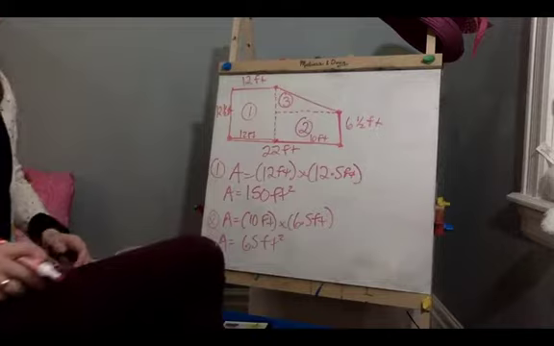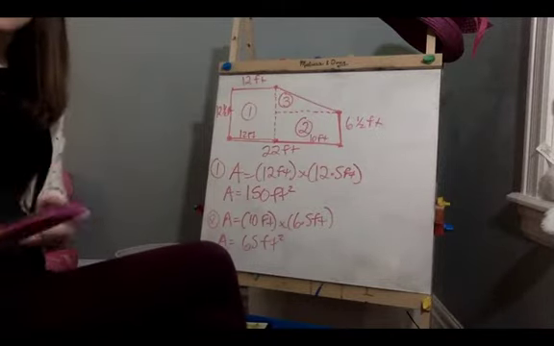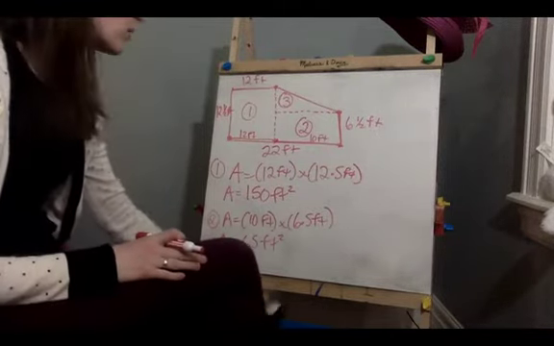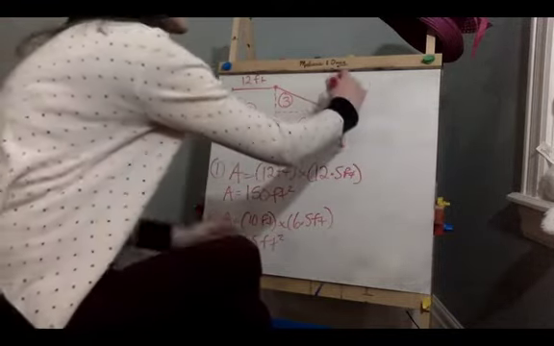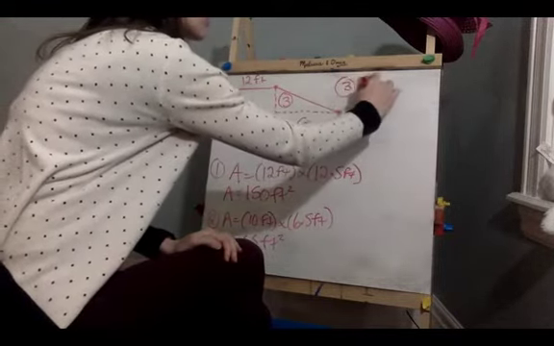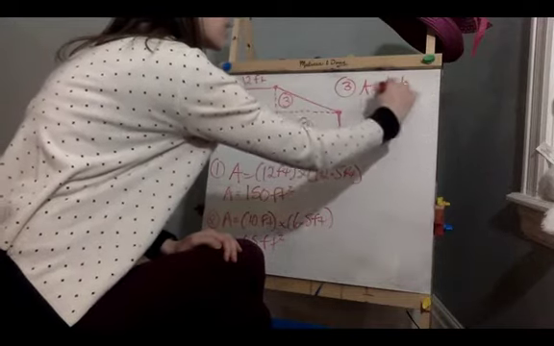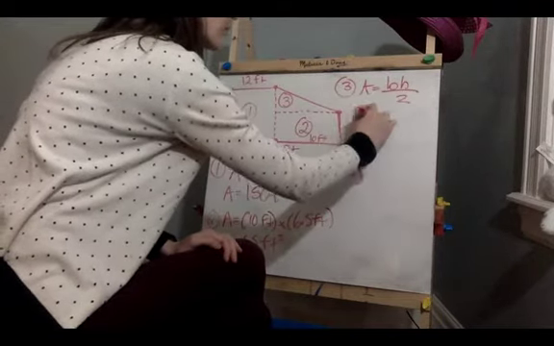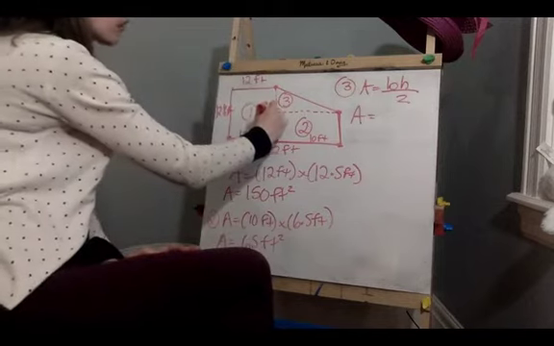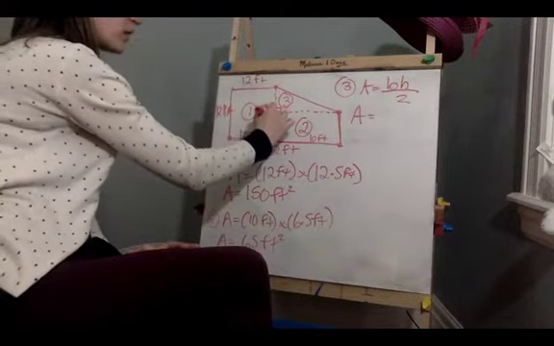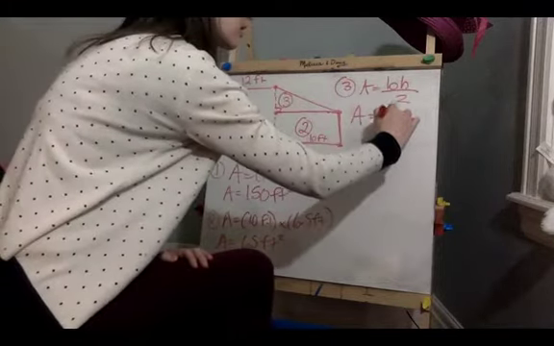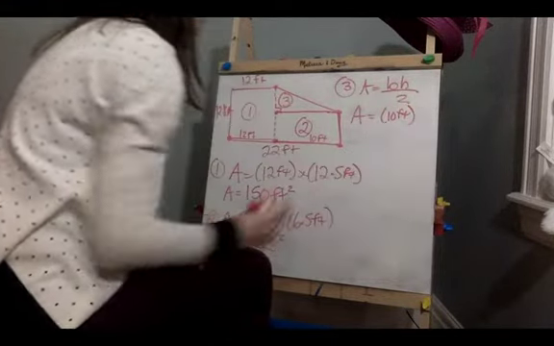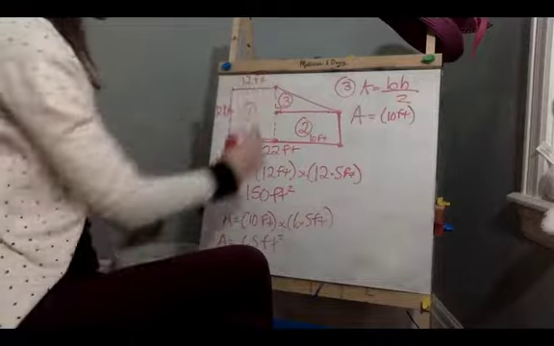Okay. Now, that just leaves shape number 3, which is a triangle. So I'm just going to do that over here. So the area of our triangle, remember, is base times height and then divided by 2. So the base of the triangle, right here would be our right angle, the base of the triangle would be along here, which we just determined was 10 feet. So the base would be 10 feet, multiplied by the height.